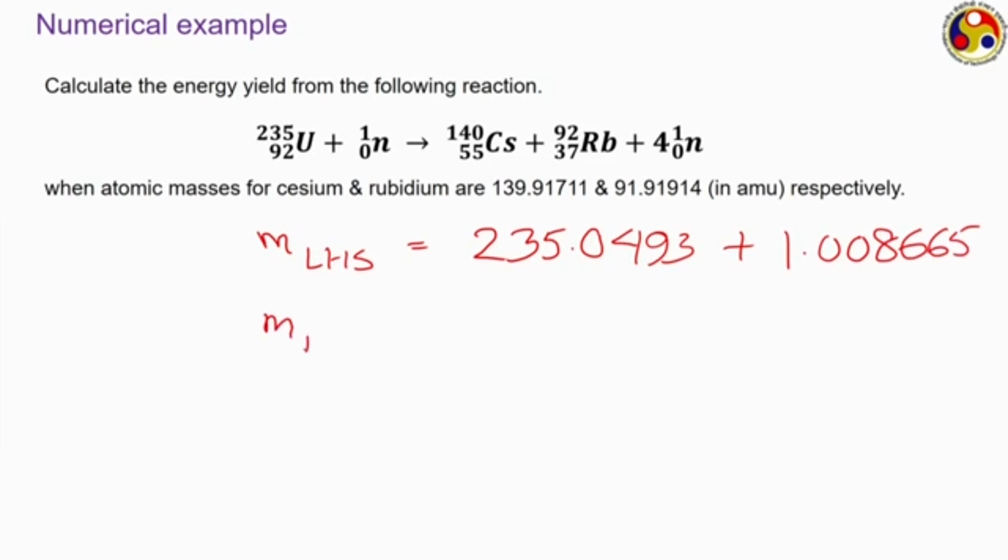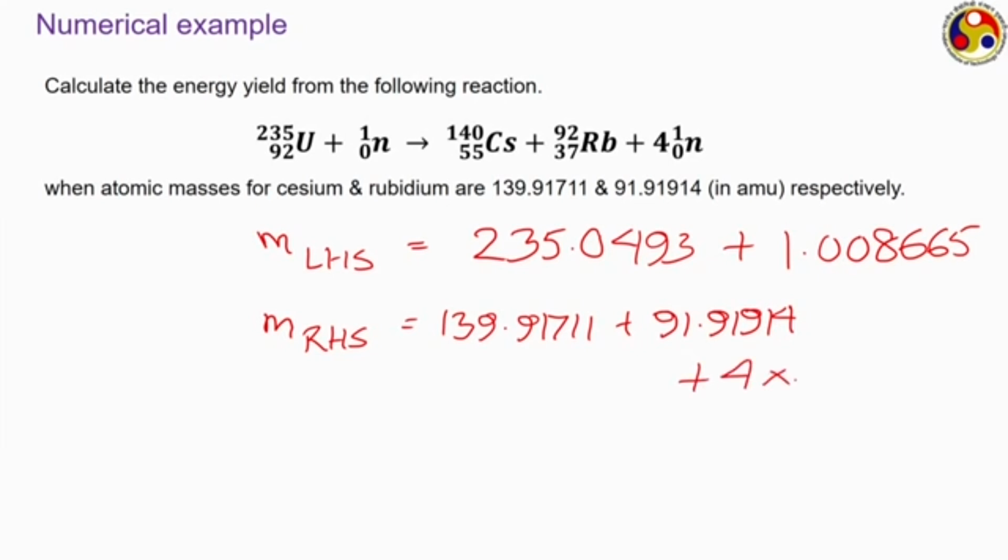Mass on the right hand side will be equal to the mass of cesium, which is given above, 139.91711, plus the mass of rubidium, 91.91914, plus the mass of 4 neutrons, 1.008665 each.